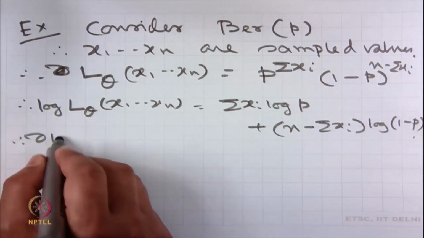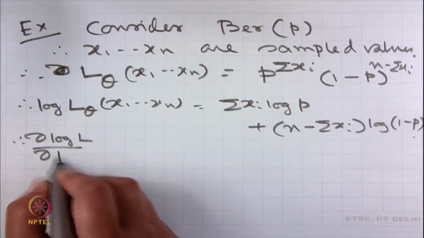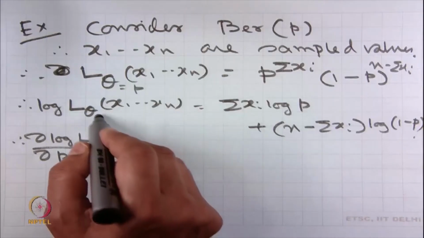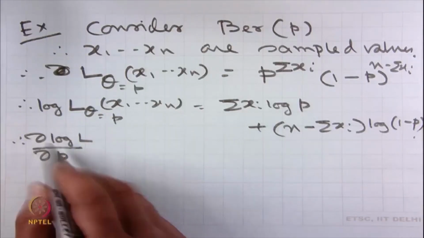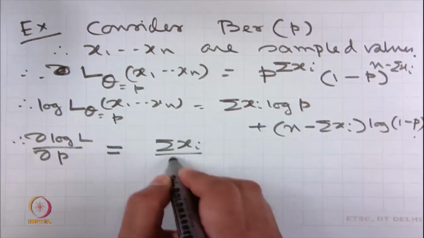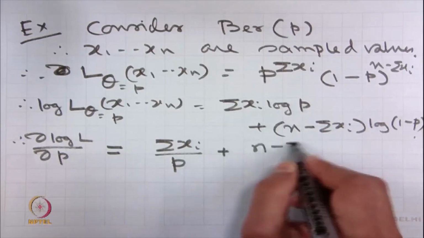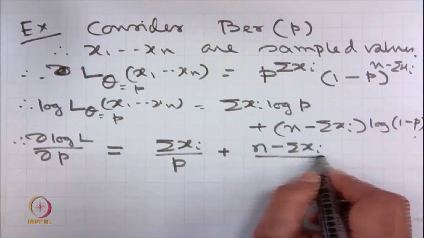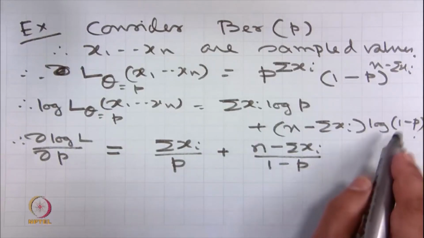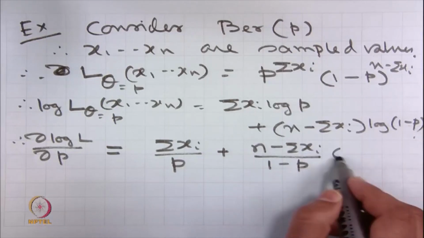Therefore, del log L del p, because here the parameter is p, we could write theta is equal to p. Therefore, del log L del p is equal to sigma xi upon p plus n minus sigma xi into 1 upon 1 minus p multiplied by d of 1 minus p dp, which will give you minus 1.